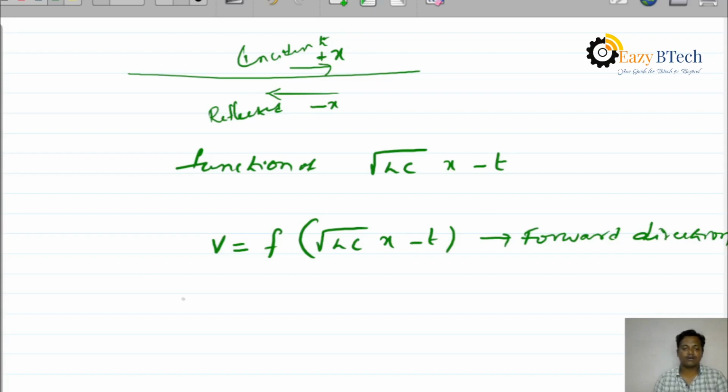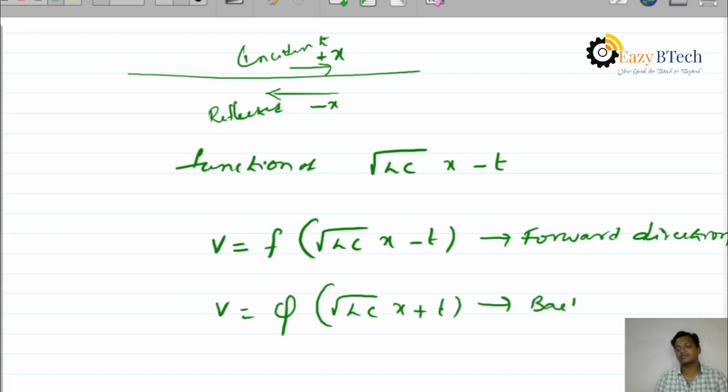And for the backward direction, V equals phi of root LC x plus t. Backward direction is nothing but minus x. For the forward direction, x is plus x.